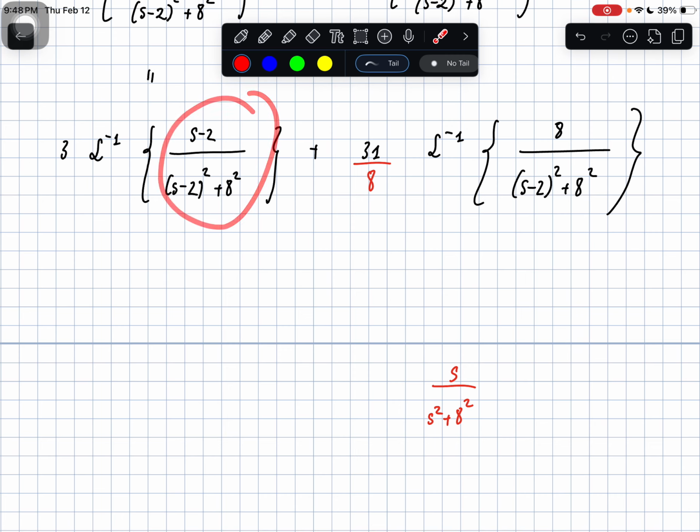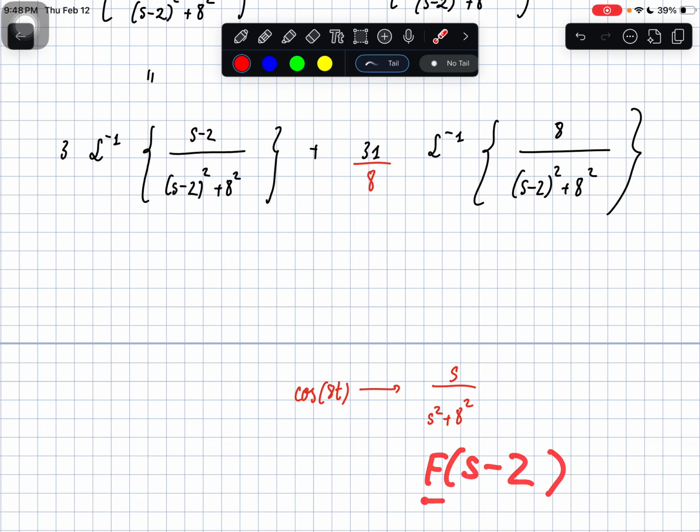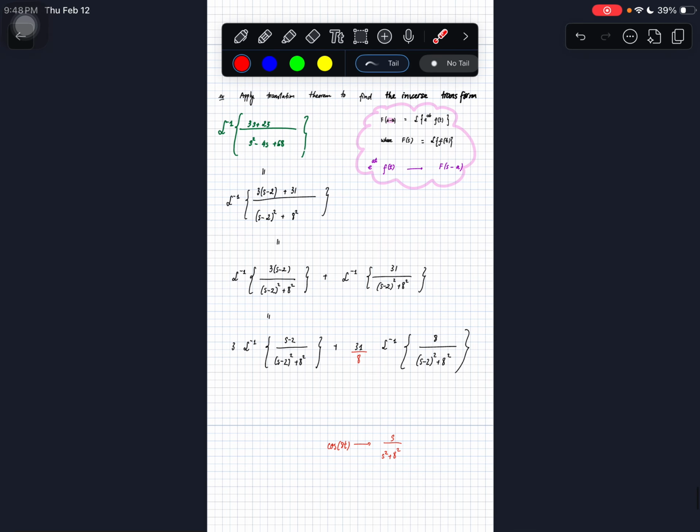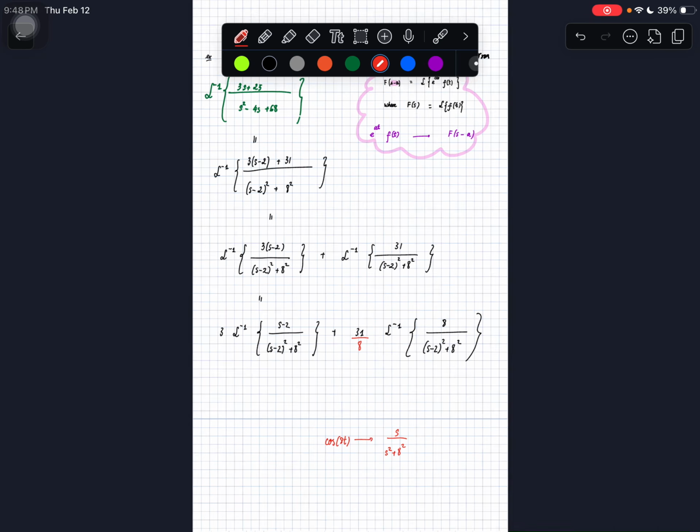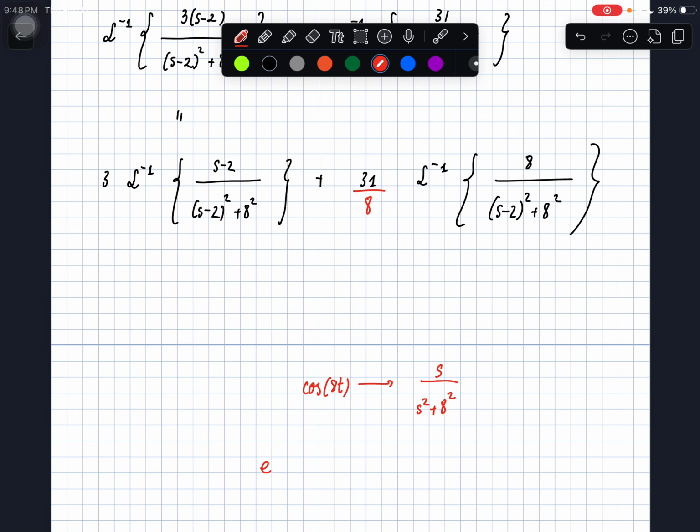This is big F, and we know this function is the transform of the function cosine 8t. And now, because we have the translation here, minus 2, F(s minus 2), the theorem says the inverse transform will be e to the at, so e to the 2t cosine 8t.